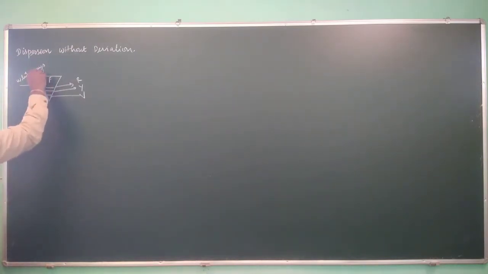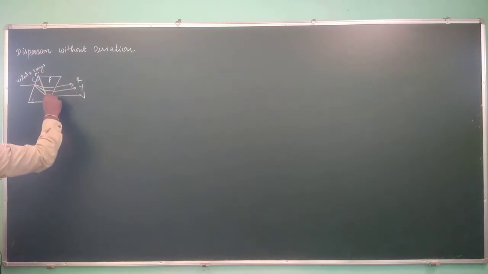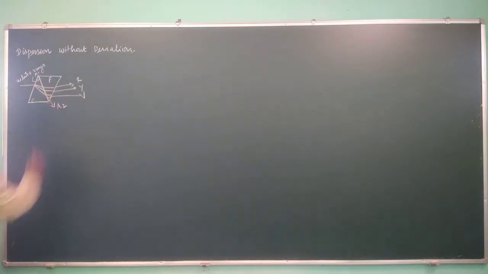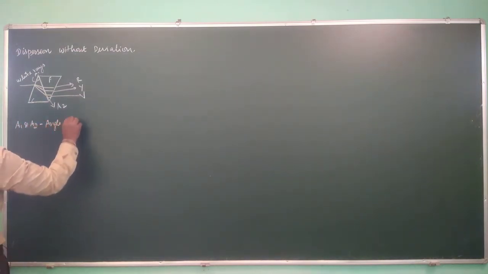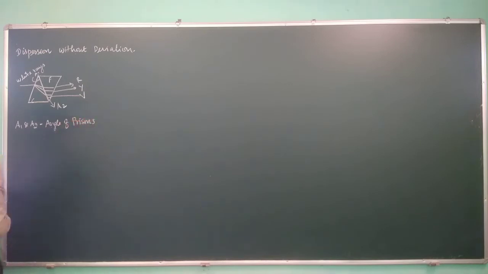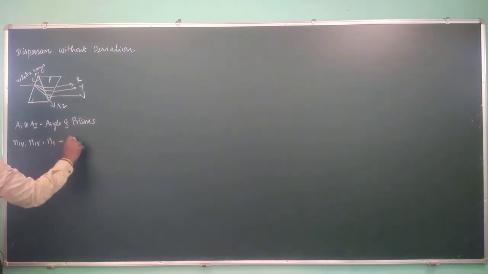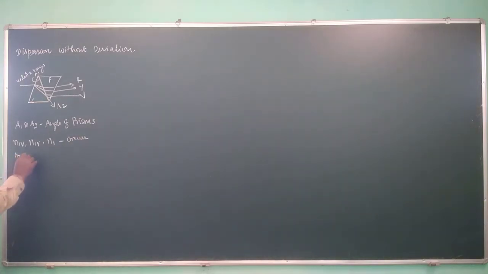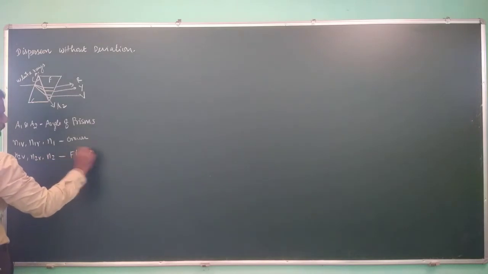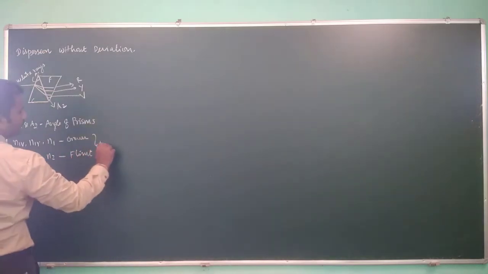So as in the previous case, A1 is the angle of prism for crown, A2 is the angle of prism for flint. N1V, N1R, N1 are the refractive indices of the crown prism, and N2V, N2R, N2 are the refractive indices of the flint prism.